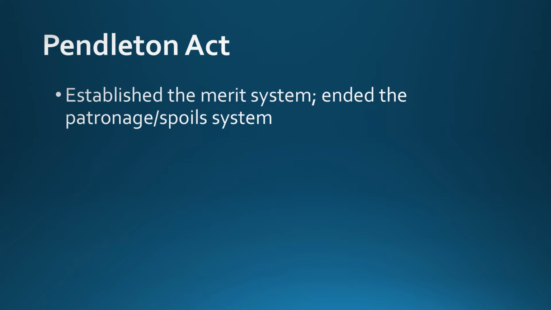So previously, under the patronage and spoils system, which was the case for most of the 19th century, people would get government jobs because of their connections or who they voted for. So they voted for the right candidate, the right party, or their cousin is the mayor or something like that. So this is going to end that at the federal level at the very least and establish the merit system. The next slide will define that.